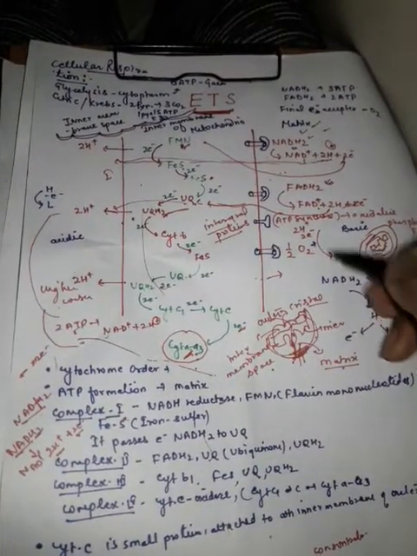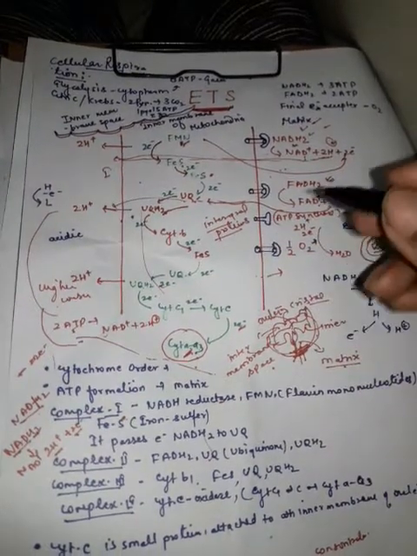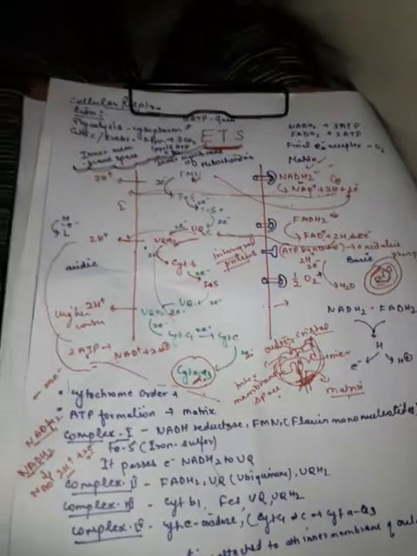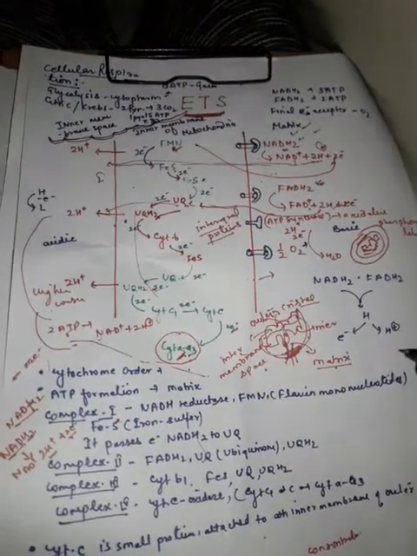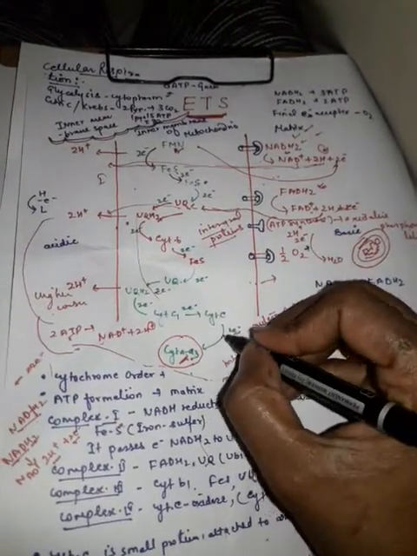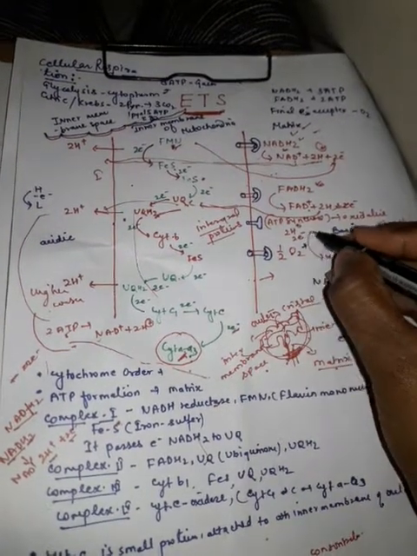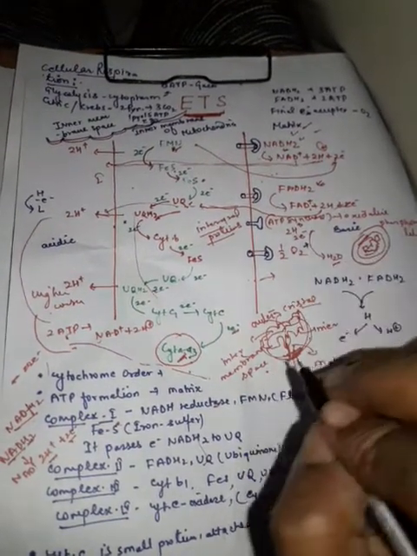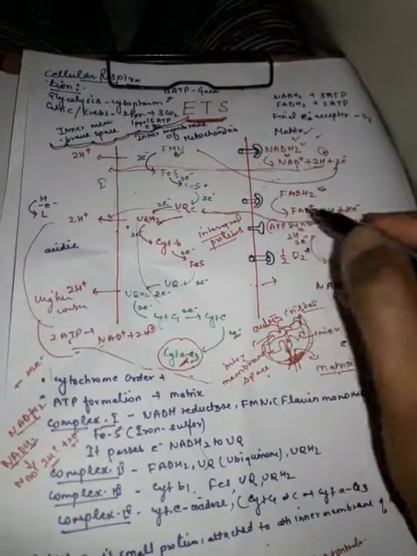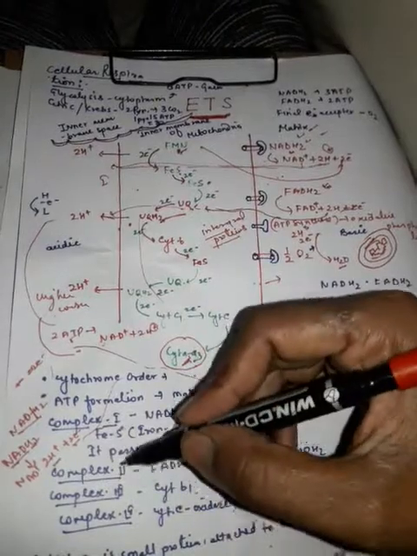And if the question is asked which is the last electron capturing species, then it will be oxygen, because half oxygen is involved here, 2 hydrogen and 2 electrons are converted to H2O, okay. So this is the fourth complex.